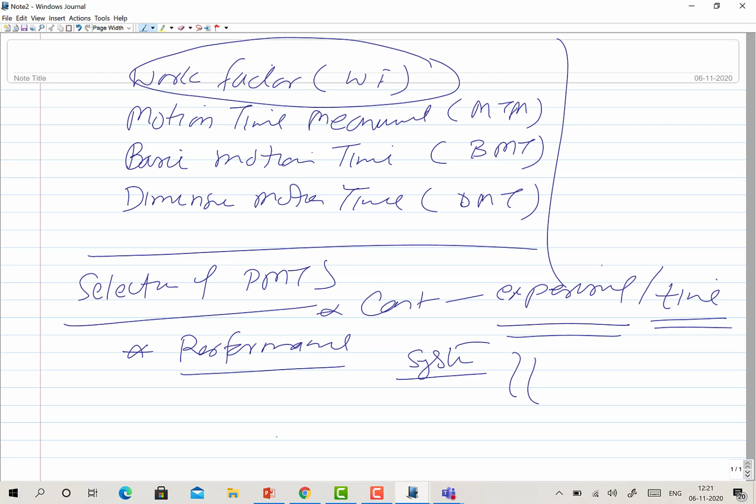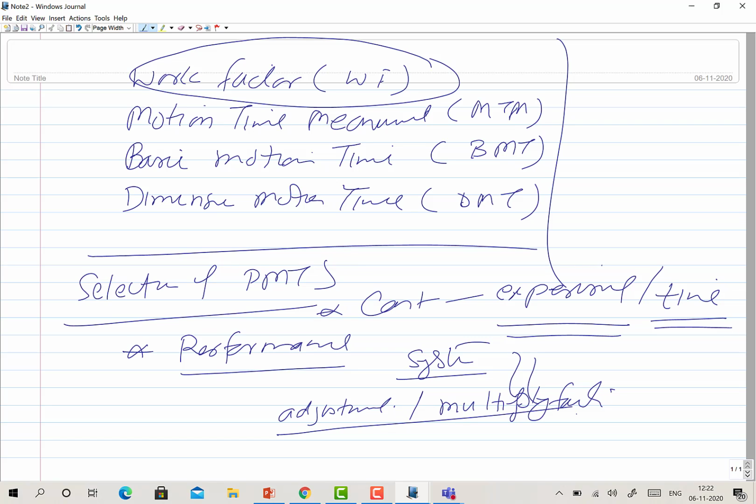So to deal with this situation, it may be required to use some adjustment factor or some kind of multiplying factor, and this factor may be applied to the time values available in the database.